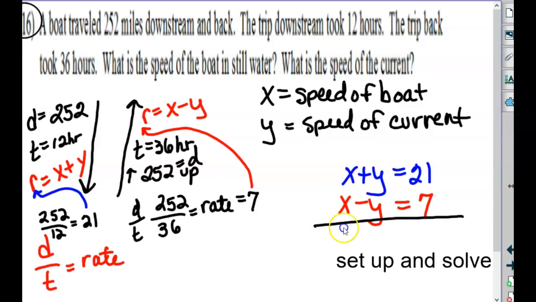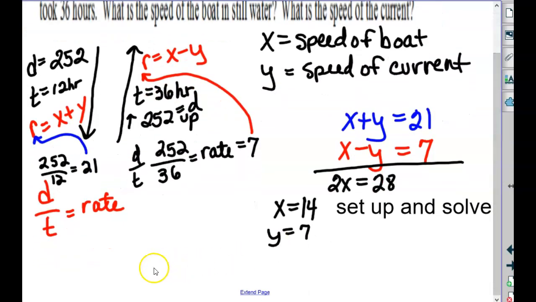If we add them together, we get what? 2x is 14. If we put a 14 back in there, 14 plus what is 21? So, what's the answer to the question? Speed of the boat is... That's supposed to say boat.